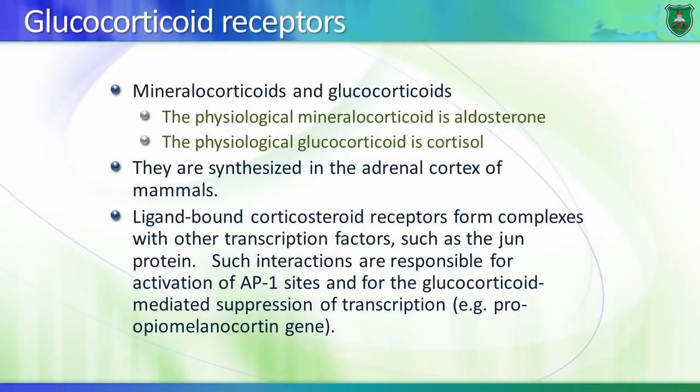So we'll go into some examples of these receptors, like the glucocorticoid receptors. Glucocorticoids include cortisol, for example, and aldosterone. Aldosterone is a mineralocorticoid and cortisol is a glucocorticoid. Now, the idea here is that the corticosteroid receptors, for example, form complexes with other transcription factors such as the Jun protein.